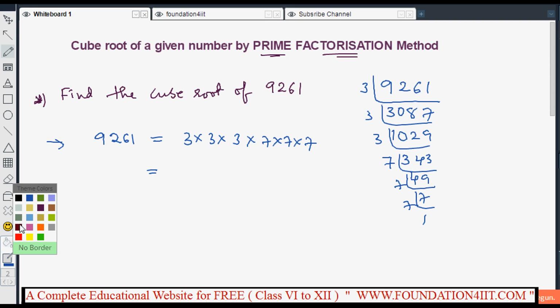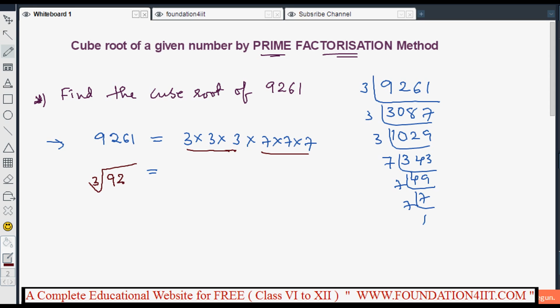Okay, resolve into prime factors, then make triplets of each number. So 3 is 3 times and 7 is 3 times. Then cube root of 9261 is equal to 3 into 7. So one number only should be taken. That is 3 sevens are 21. Fine, 21 is the cube root of 9261. So this is the way we can find using the prime factorization method.